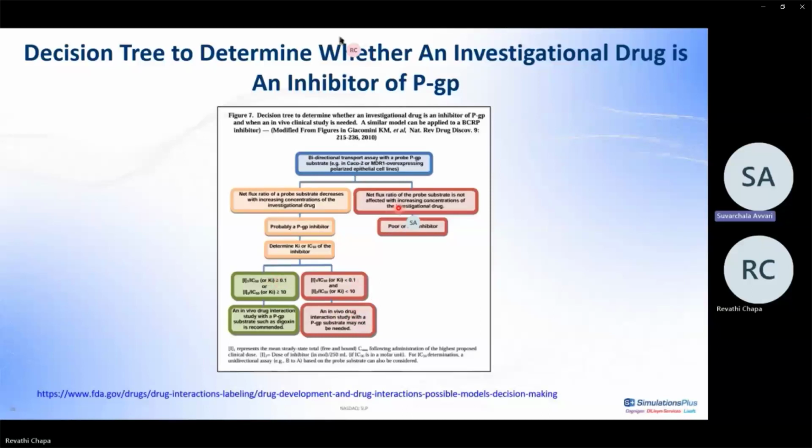Again, if the net efflux ratio or the net flux for the probe substrate is not affected, then the investigational drug is considered either a poor inhibitor or a non-inhibitor of P-gp.